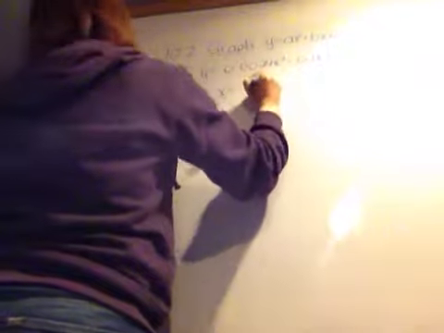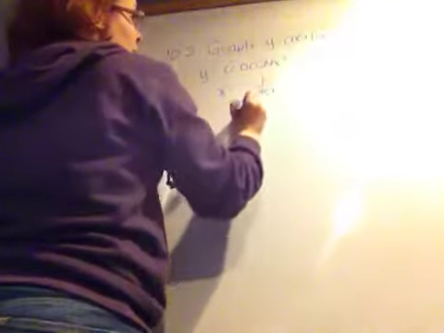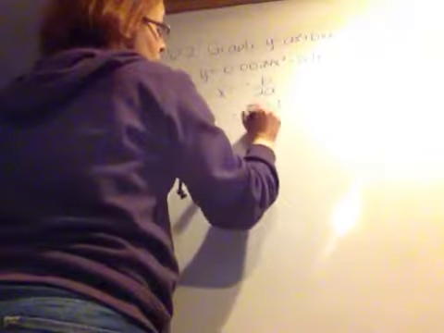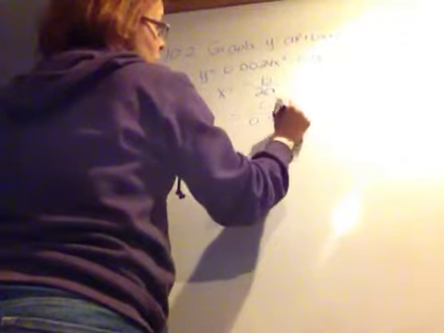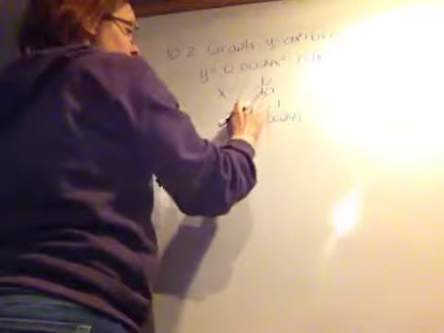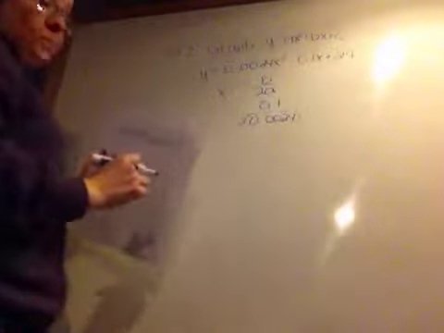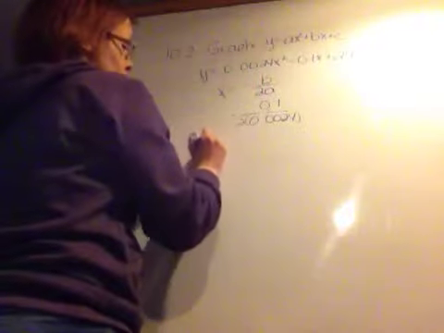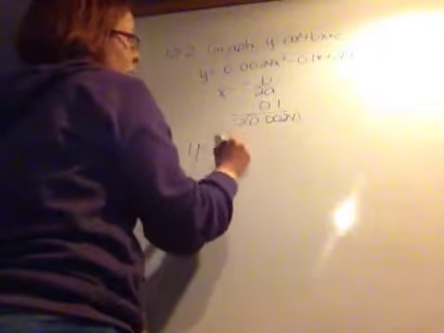So negative b over 2a, negative 0.1 over 0.0024 times 2. The negative becomes positive. And then we're going to put that back in for x. I'm just going to leave it like this.